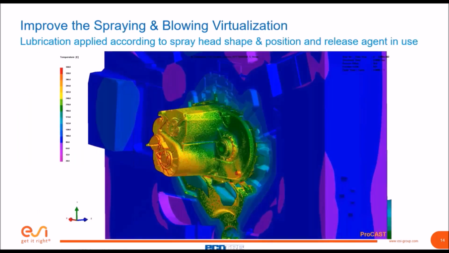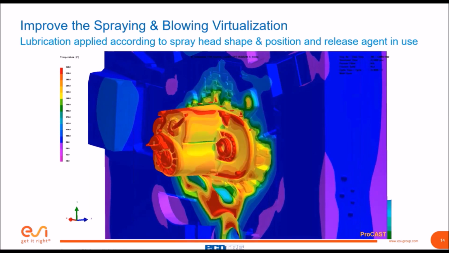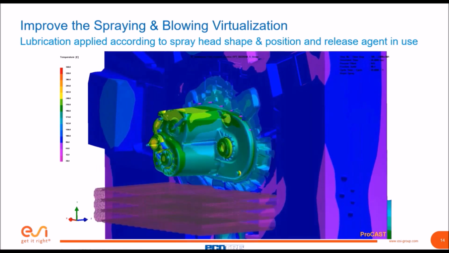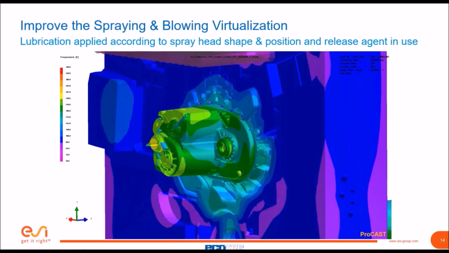So this aspect can also be done. There are several things inside this one to improve or to be very precise. I will show you a couple of them. One is to improve the spraying or the blowing visualization.